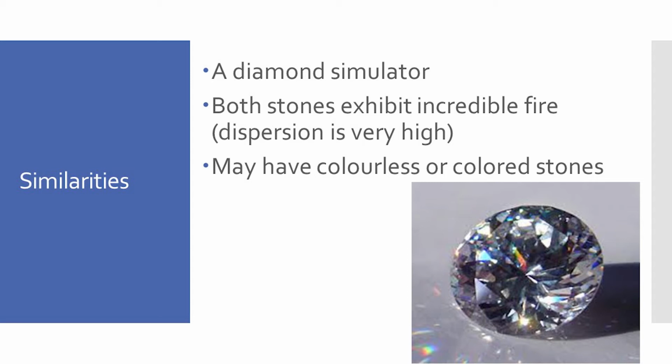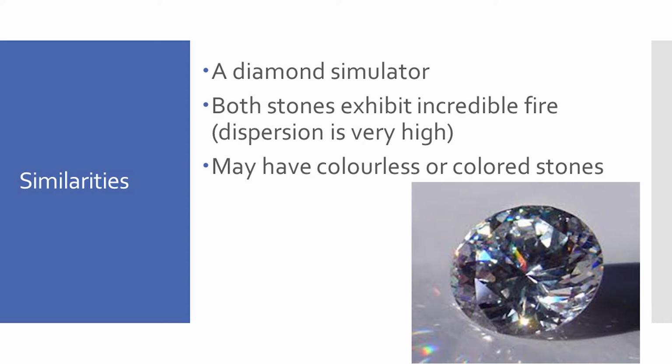As you can see in this image, the fire effect or the dispersion effect is very high in zircon and cubic zirconia also, and both of them may be colorless or colored stones. So these are the similarities of zircon and cubic zirconia.